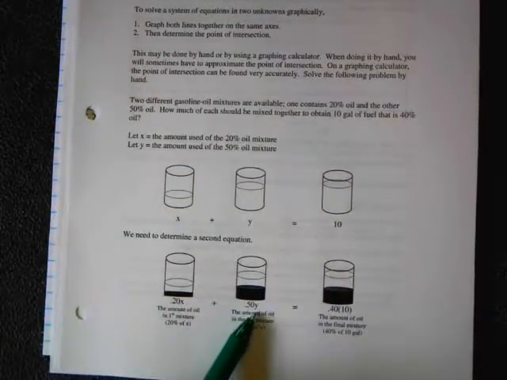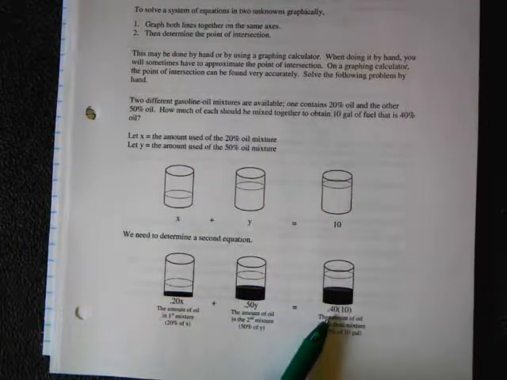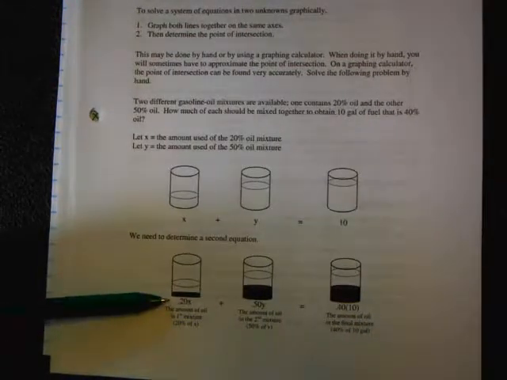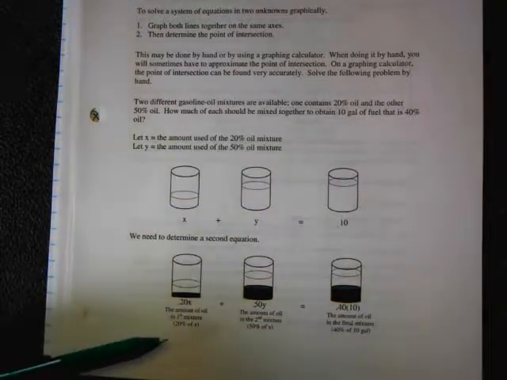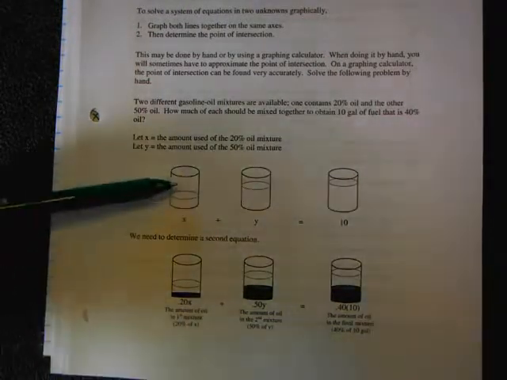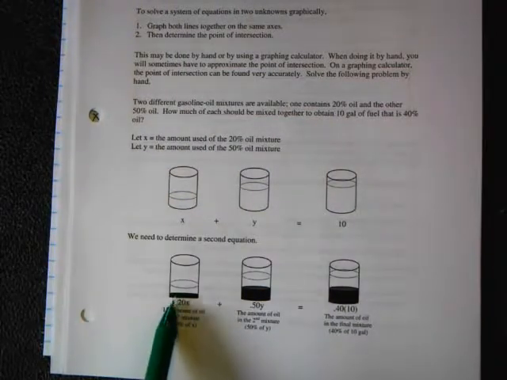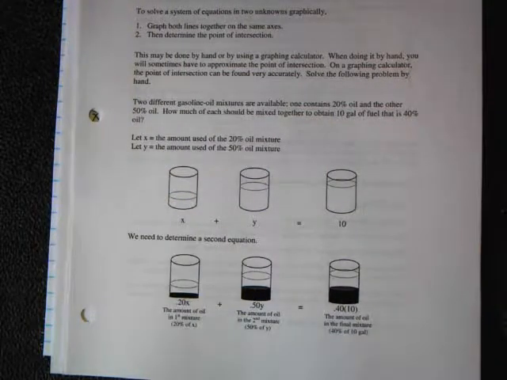Second equation, we have 0.20x plus 0.50y equals 0.40 times 10. What does 0.20x represent? It's 20% oil. And they even say that down below, and I kind of do it in the picture. So this has X gallons in it altogether. 20% of that is oil, so they tried to shade in 20% for us there.